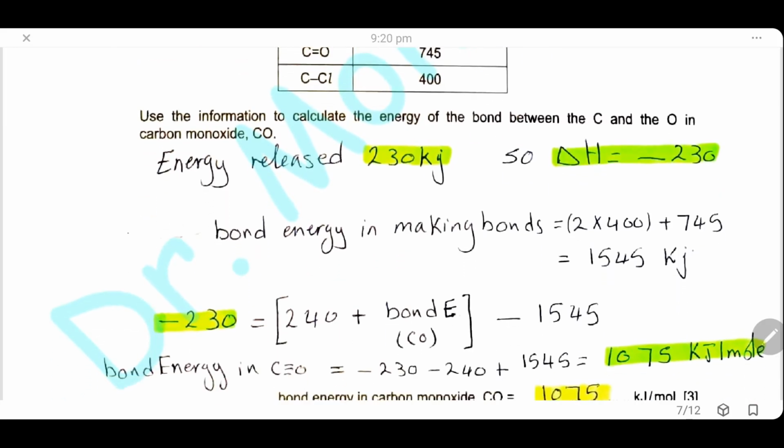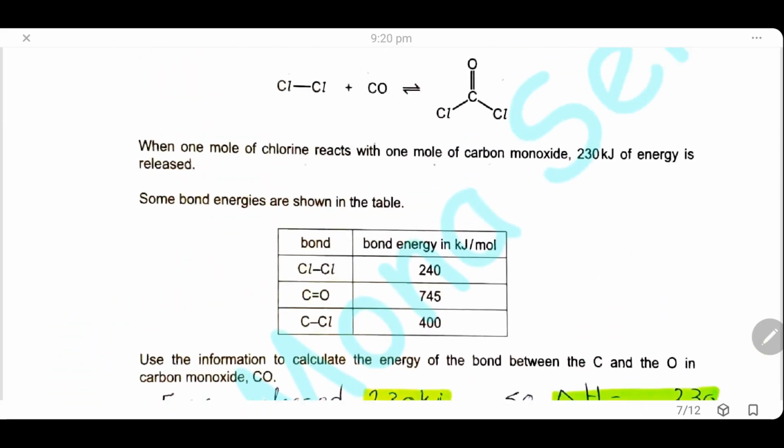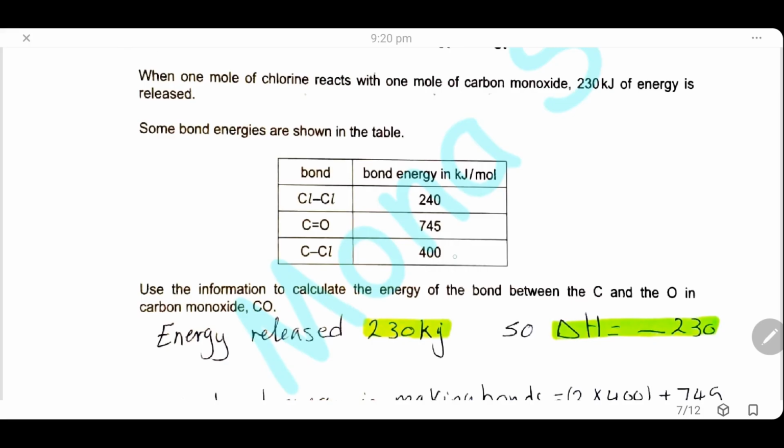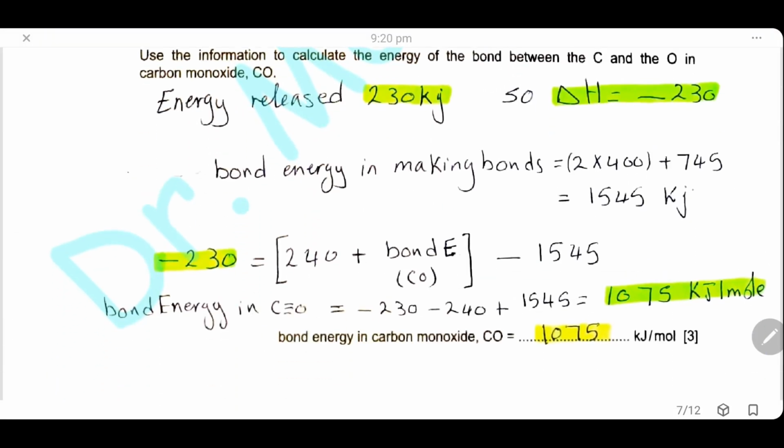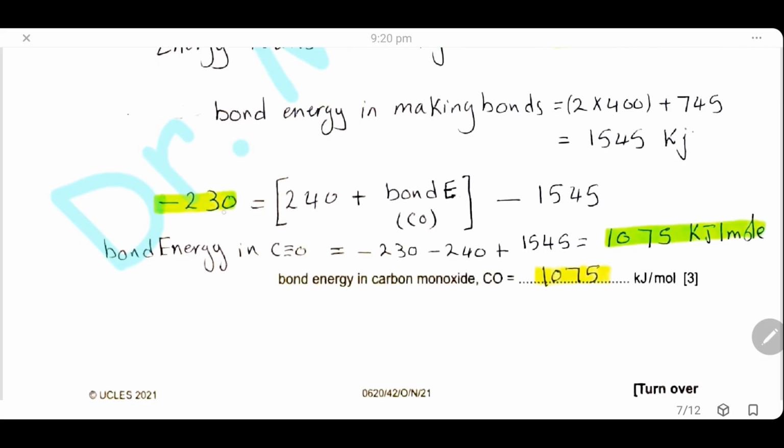Then in the reactant we have only chlorine, which is 240. So we will write the equation here. Minus 230 will equal 240 plus the bond energy in carbon monoxide minus the energy of bond making, which is 1545. By solving this equation, we will find the bond energy in carbon monoxide is 1075 kilojoules per mole.